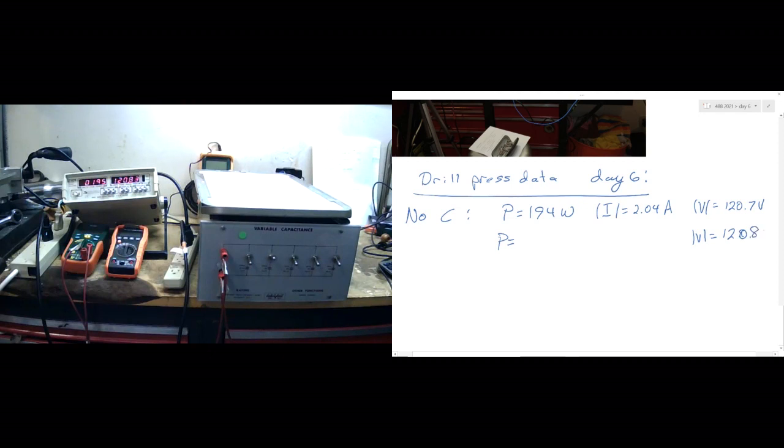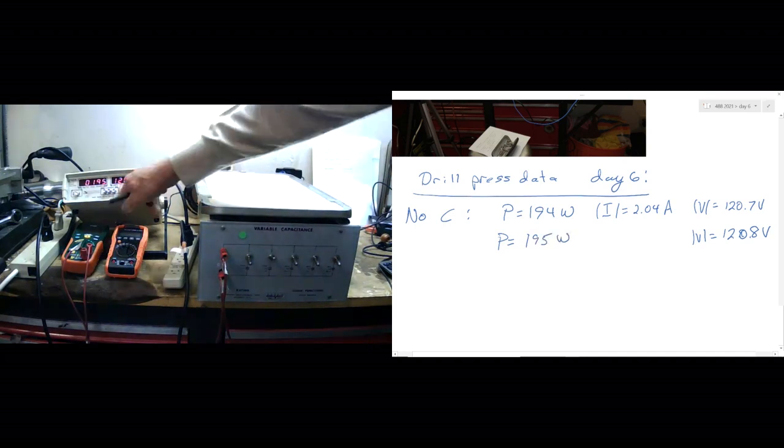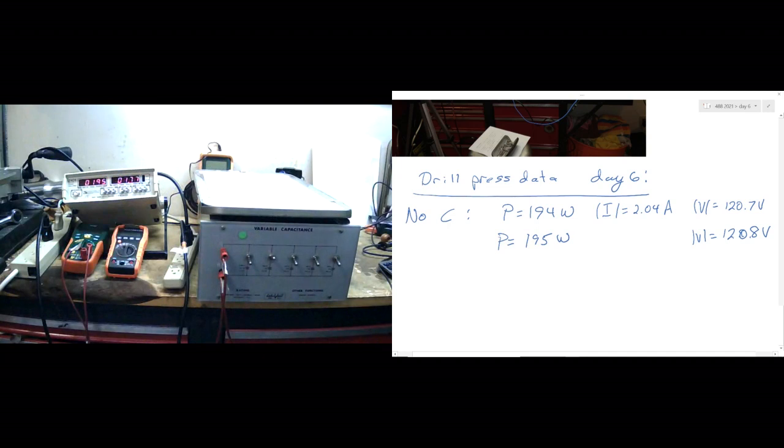So we'll talk about that. I'm going to go ahead and take the rest of the data. Power, 195. And current. Let's take the current. I is equal to 1.69.